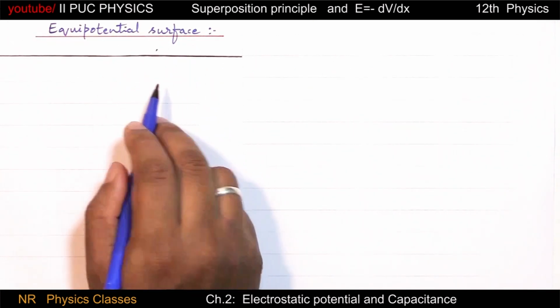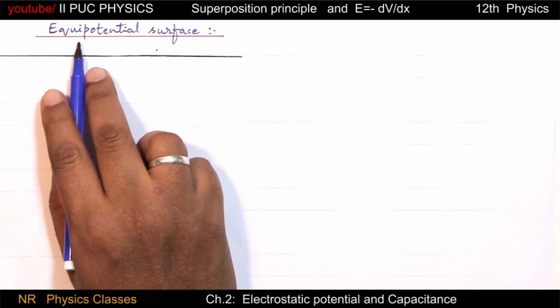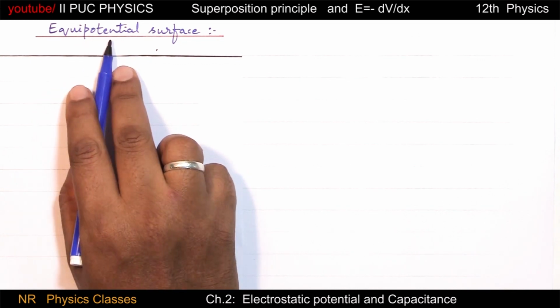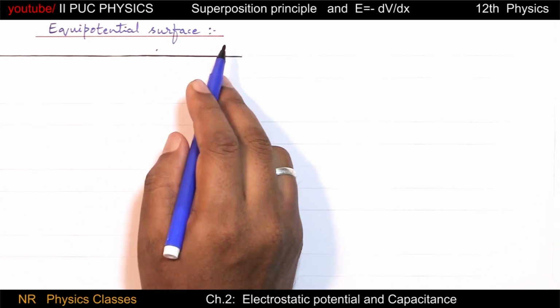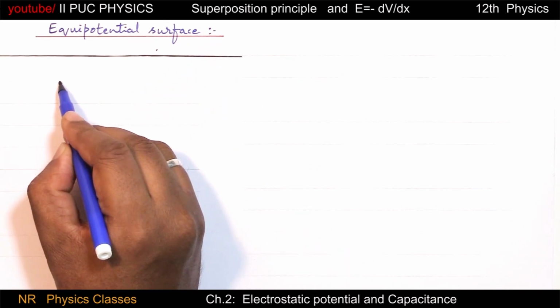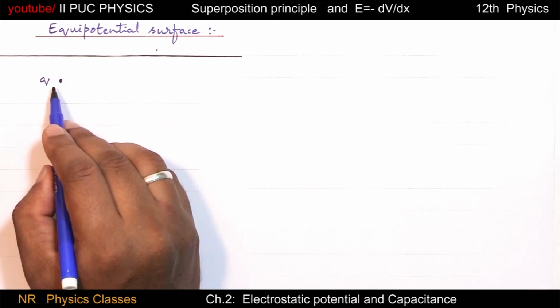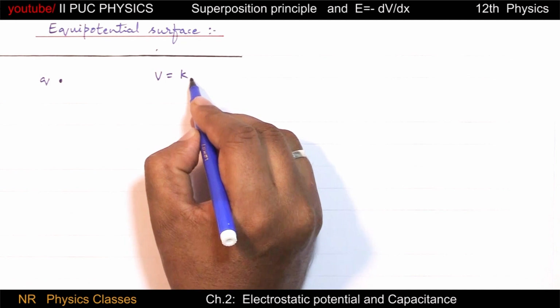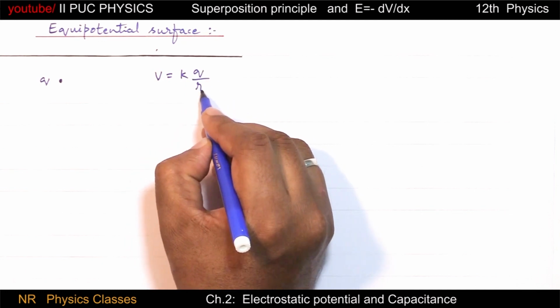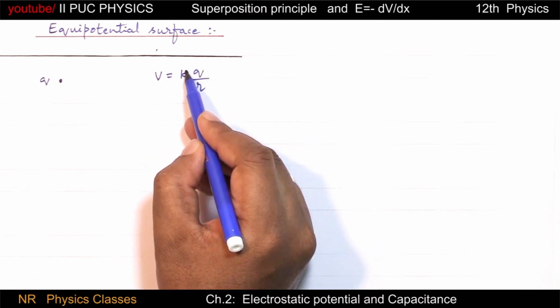Equipotential surface. The name itself says equipotential: same potential at all points on the surface. Now, this is a point charge. Potential due to a point charge is V equals constant into Q by R. This is a constant.